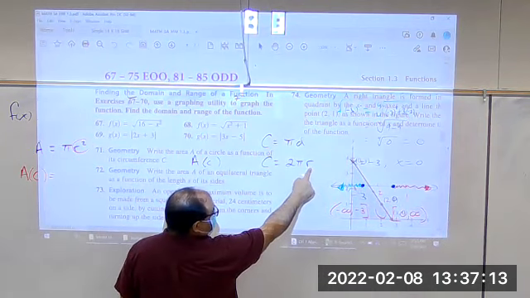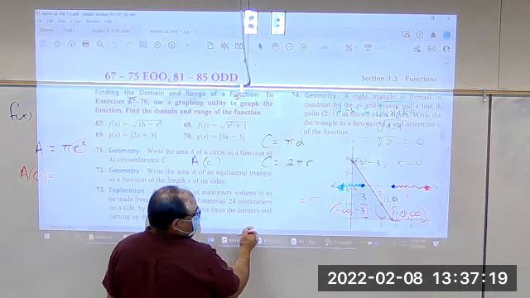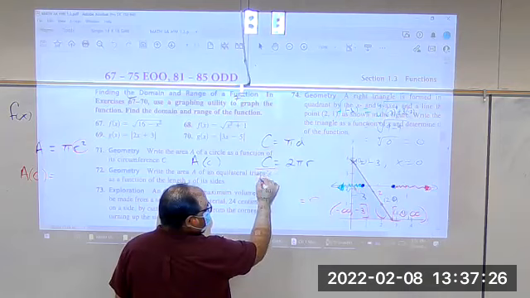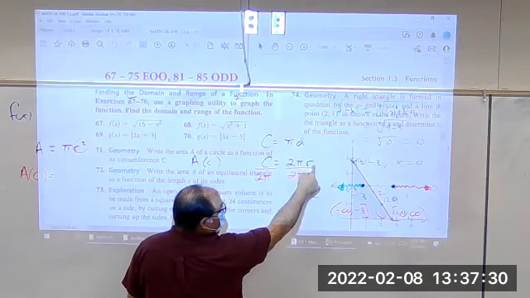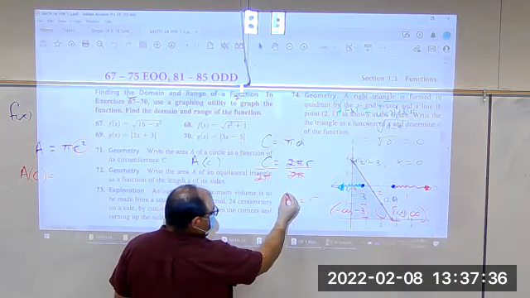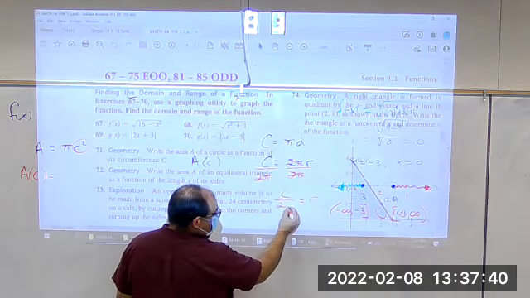How do I solve for r? Divide both sides by 2 pi. Since r is being multiplied by 2 times pi, divide both sides by 2 pi, so the radius can be replaced with the circumference divided by 2 pi.